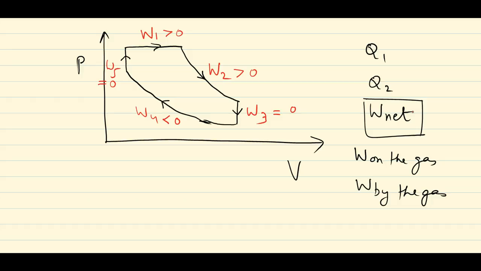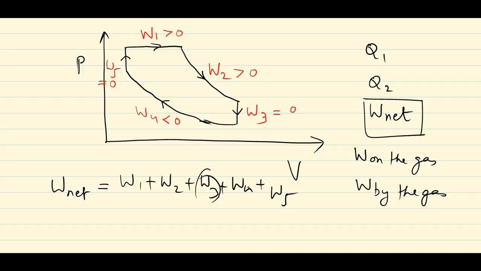Now what would be the net work done by the gas on the surroundings? The net work would be W1 plus W2 plus W3 plus W4 plus W5. Of course W3 and W5 would not contribute towards the net work. W1 and W2 are positive. W4 has to be taken along with the sign, so it's negative. So W1 plus W2 plus W4 would be the net work done by the gas on the surroundings.